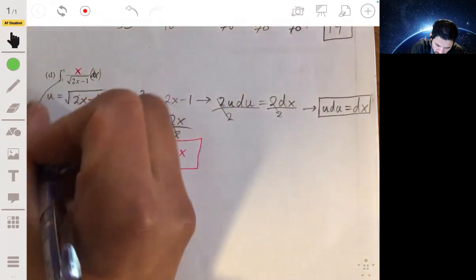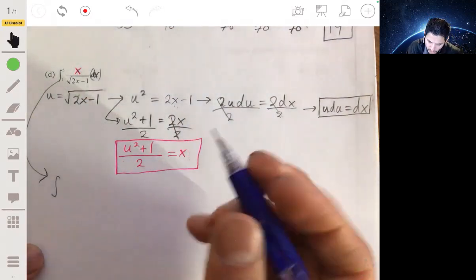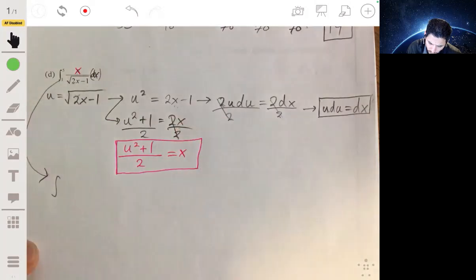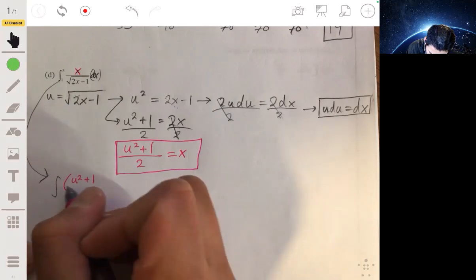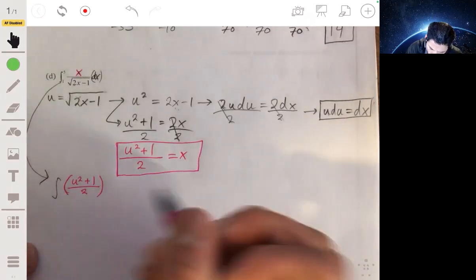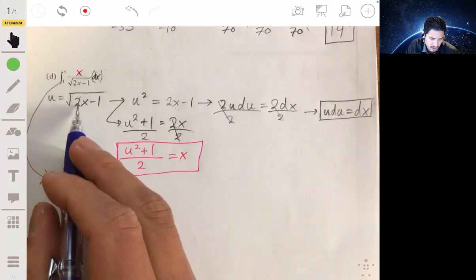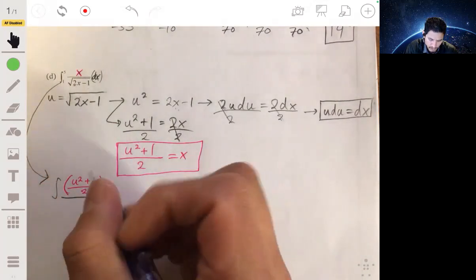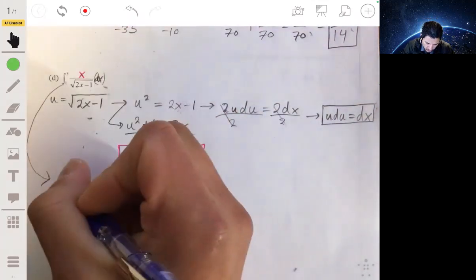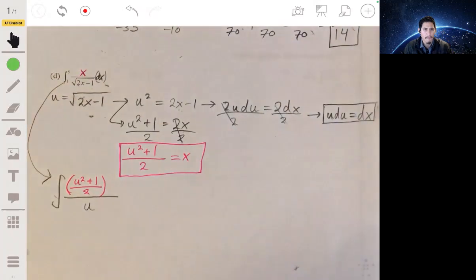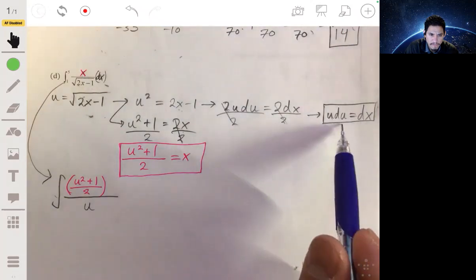And so rewriting this in terms of u, we'll have the integral of, on the top, u squared plus 1 over 2 in the numerator. In the denominator, we're going to have just u. This will just simply be all over u. And let me make this integral symbol a little taller so it looks more neat. And then we have the dx as simply the u du.